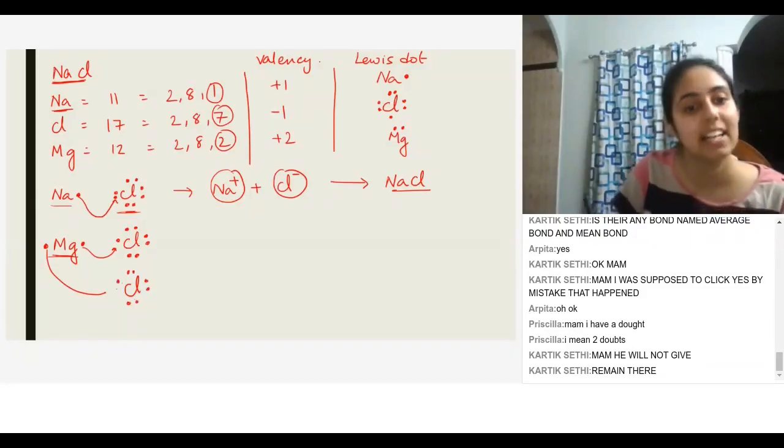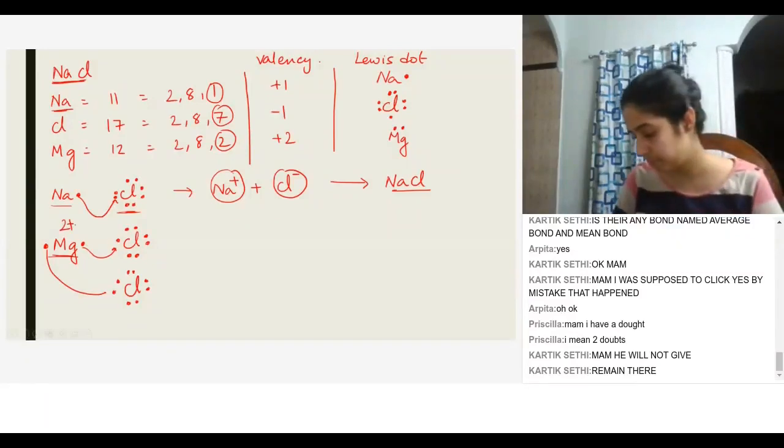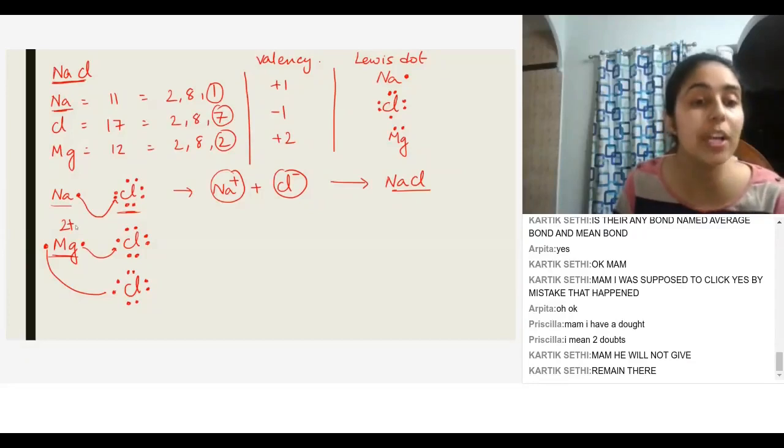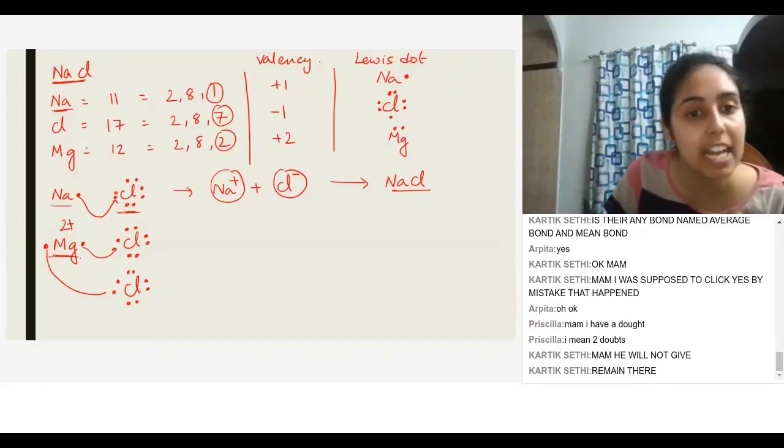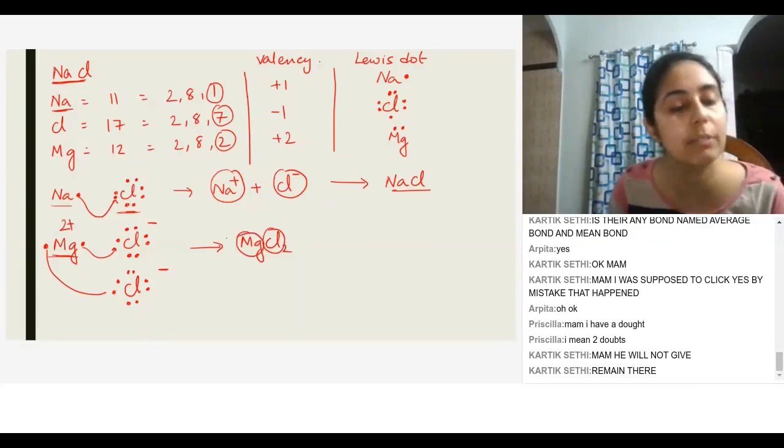So now this will be Mg2+, because it lost 2 electrons. This chlorine gained 1 electron, so it becomes Cl minus. This chlorine also gained 1 electron, so it becomes Cl minus. So this ends up becoming MgCl2, because there are 2 chlorines and only 1 magnesium.